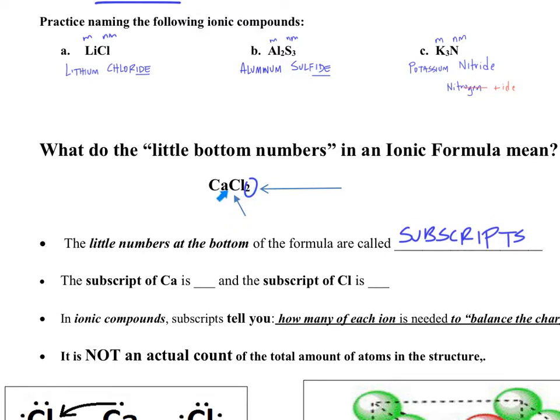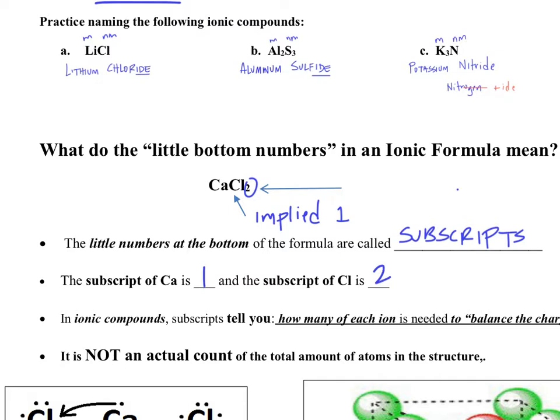But by calcium, there's no number. So this is implying that there is 1. Okay, no number means it's implied that there's a 1. So the subscript on calcium, even though it's not written, is a 1. The subscript on chlorine is given to me, it's a 2.